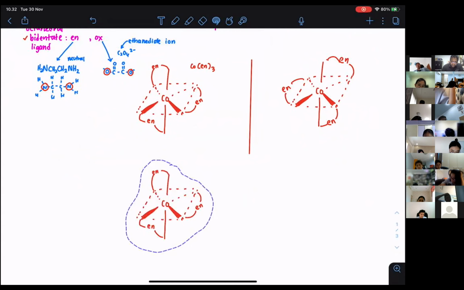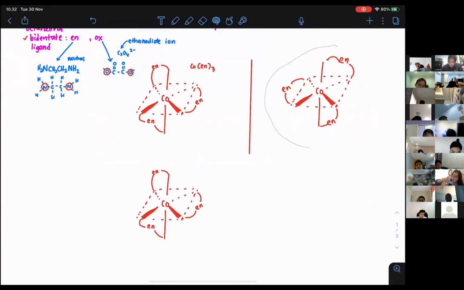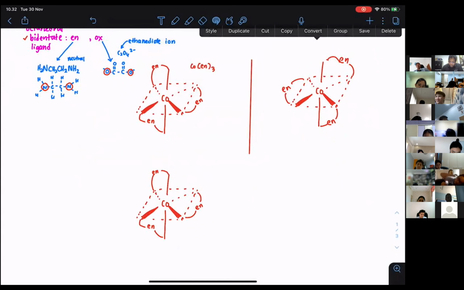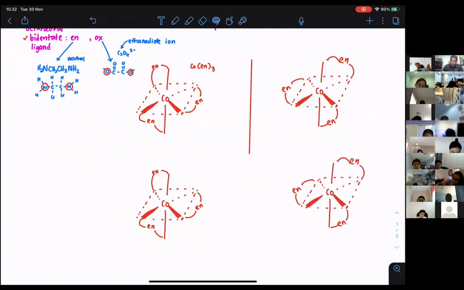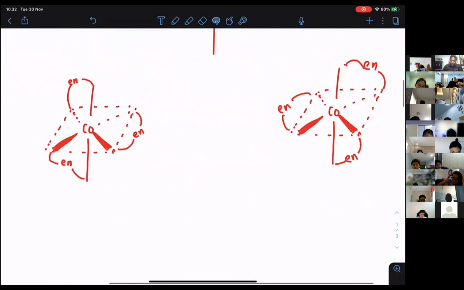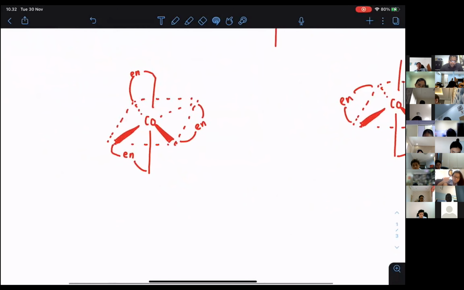And this one, I will select this also, copy, put it here. Now, if I want to represent this in full, how do I represent this in full? I just need to put CH2, CH2, and then NH2.